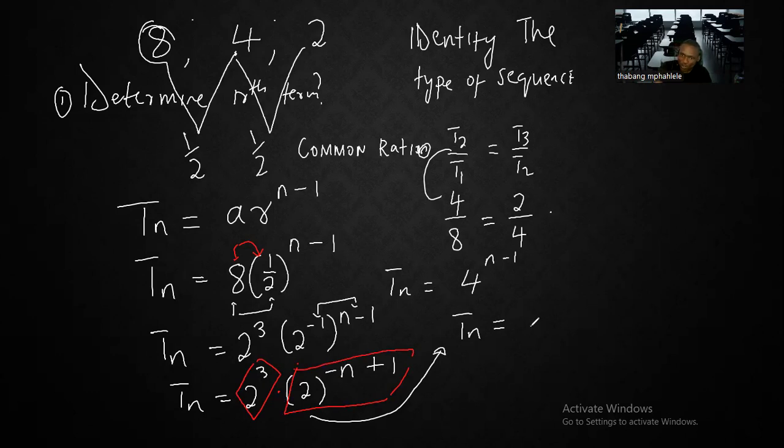When you multiply powers of the same base, you keep the base and add the exponents. So you're going to have 3 being added with 1, it's 4. So I'm going to have 2 to the exponent 4 minus n. So this is the general term of the geometric sequence 8, 4, 2.